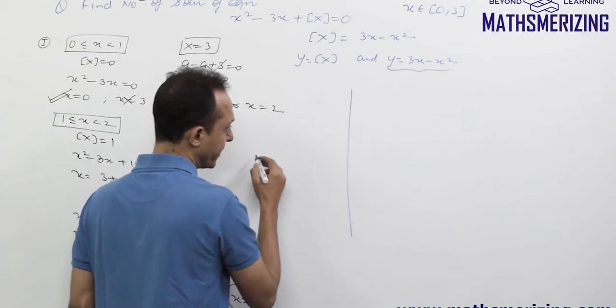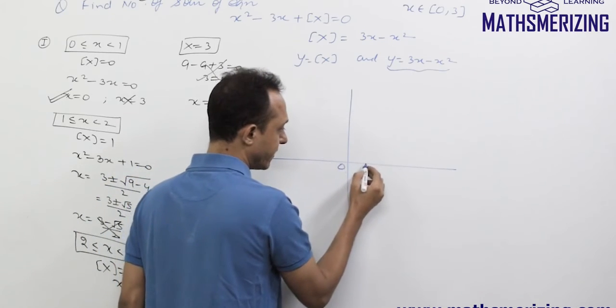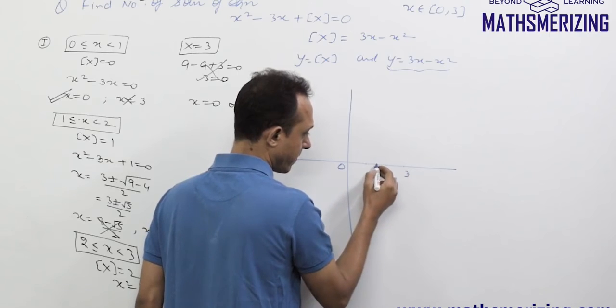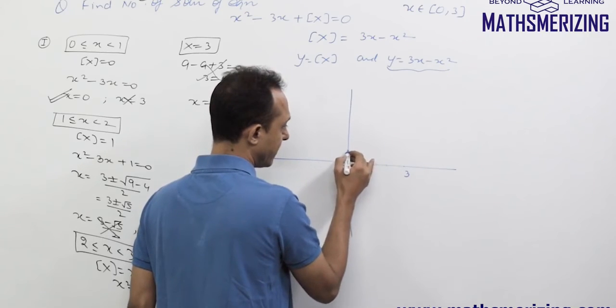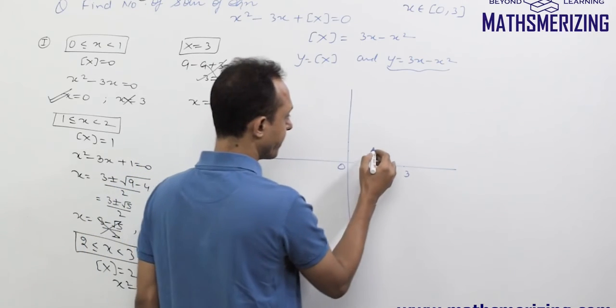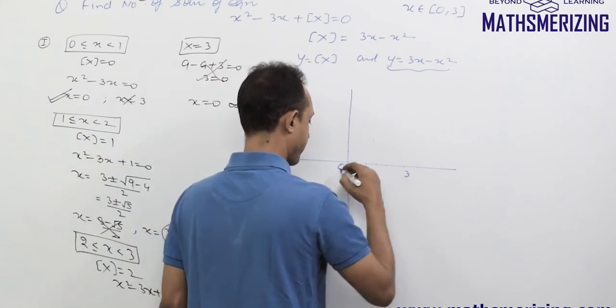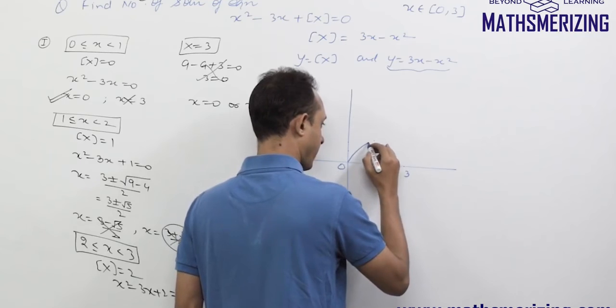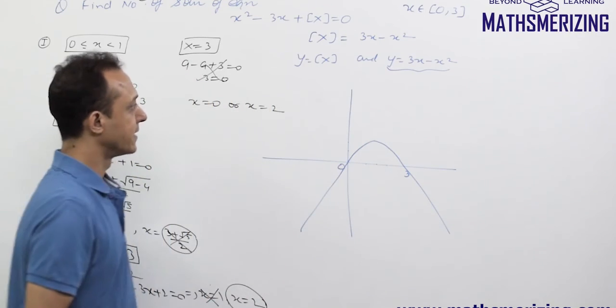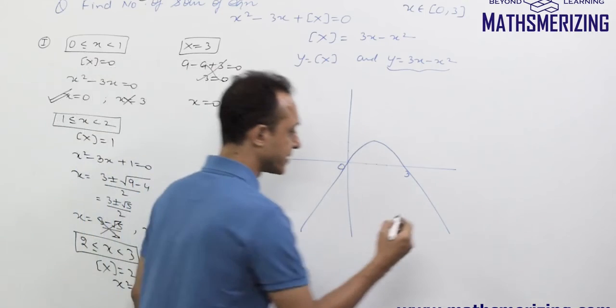It's a parabola opening downwards, with roots at 0 and 3. So its vertex is at 1.5, and the value there is 9 by 4, which is 2 point something. So that is the graph of y equals 3x minus x square.